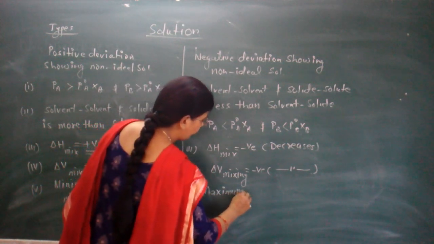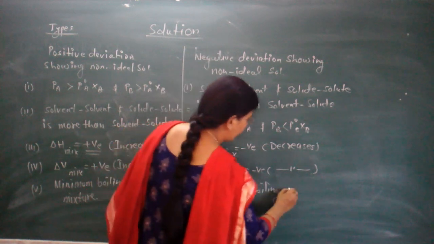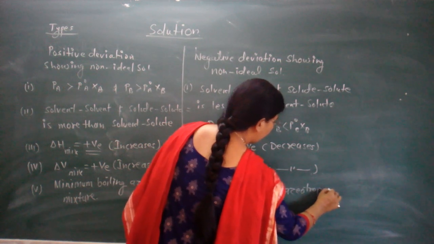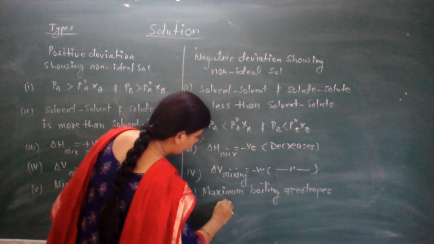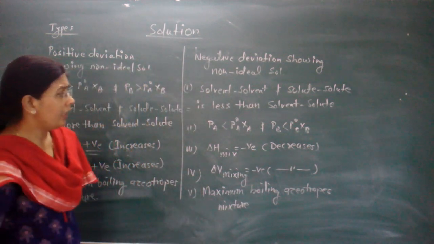Maximum boiling azeotropic mixture. So these are the differences in positive and negative non-ideal solutions.